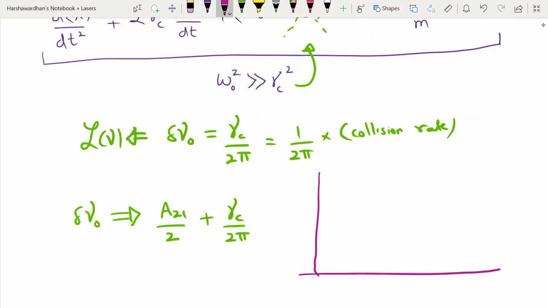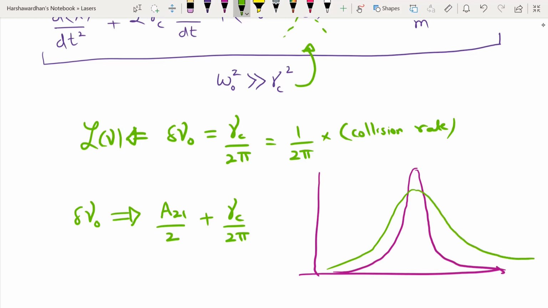So my original Lorentzian line shape has now got broadened because of collisions, right? This factor could have been just A21 dependent, but now it has two contributions, one coming from gamma c, plus the factors coming from A21. So you see, this is what is happening to the line shapes.